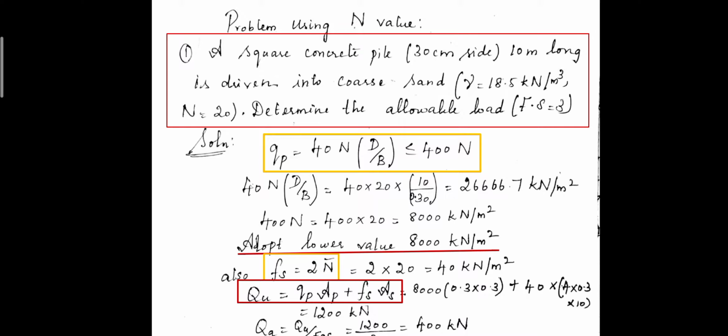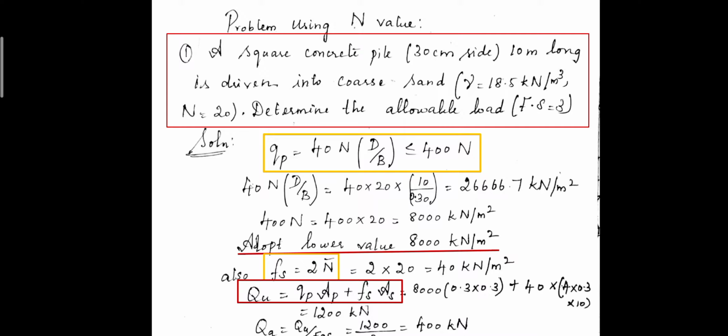Small qp is 8,000 and Ap is the area of the pile. What area of the pile? Cross sectional area of the pile. It's a square pile, so the cross section is going to be B square, 0.3 square, which is 0.3 into 0.3, plus fs into As.